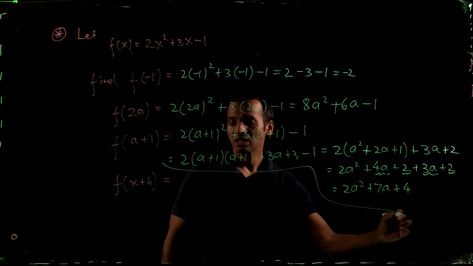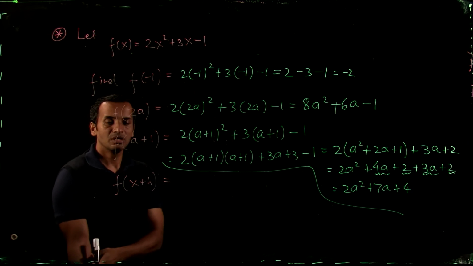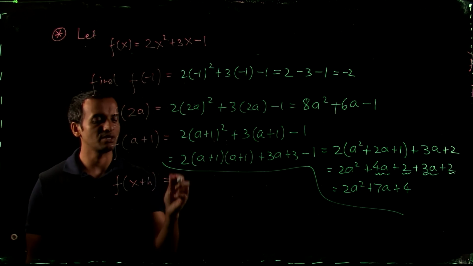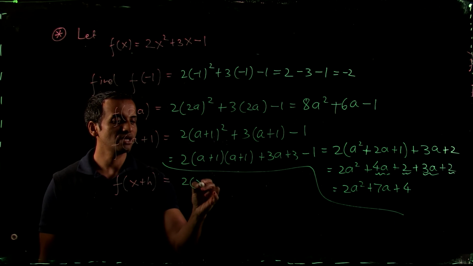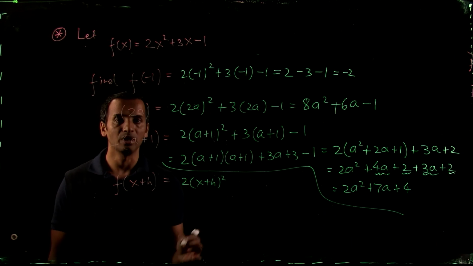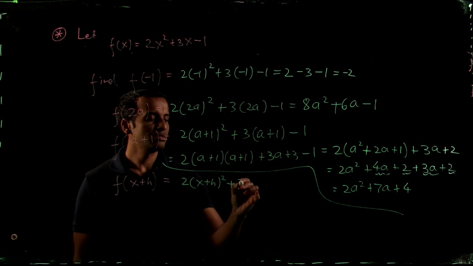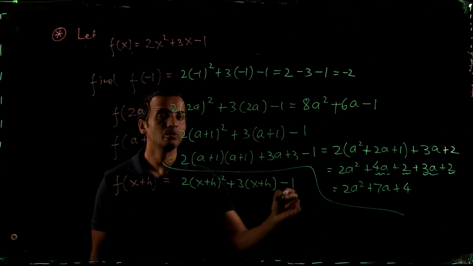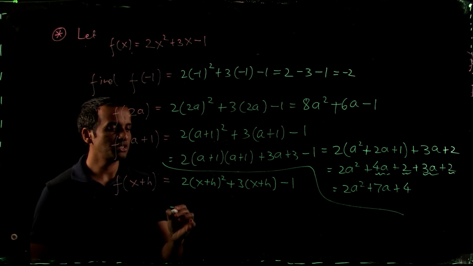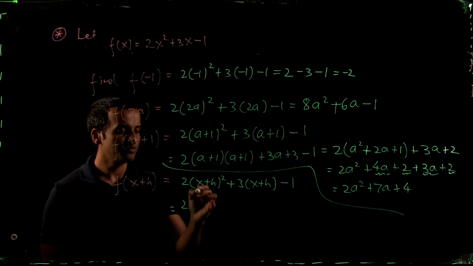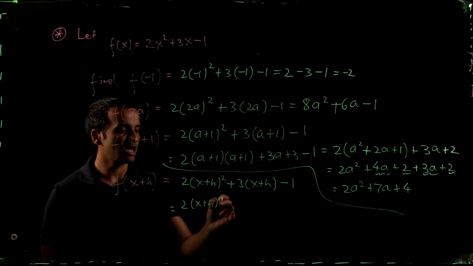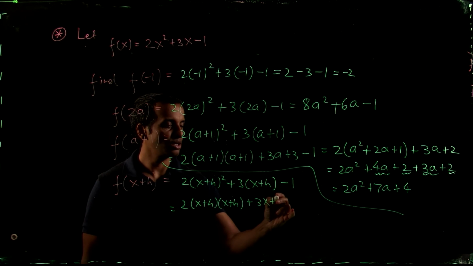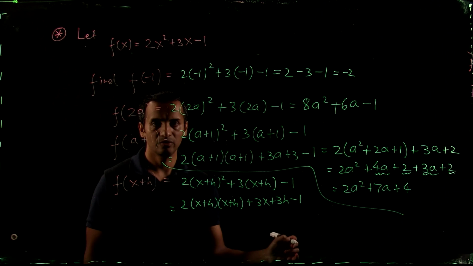So for the third part, let me do the last part. You want to find f of x plus h. You replace x by x plus h, so you'll get 2 times x plus h squared, plus 3 times x plus h, and then minus 1. So how much is that? It's similar to that one: 2 times x plus h times x plus h, plus 3x plus 3h minus 1.